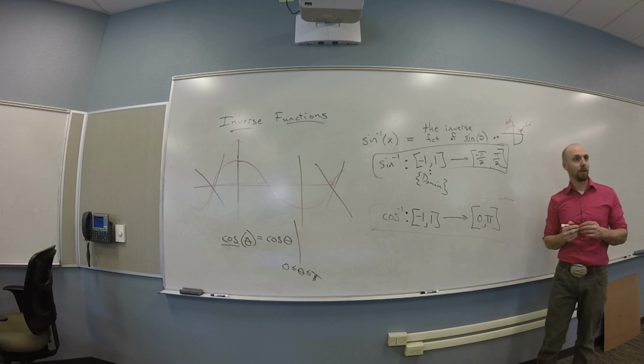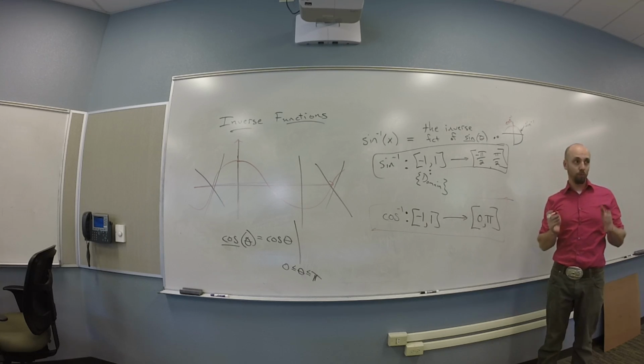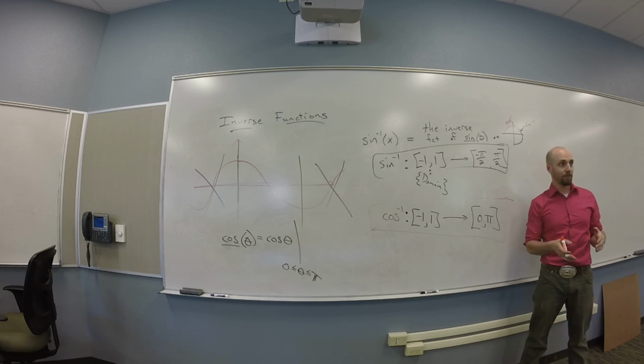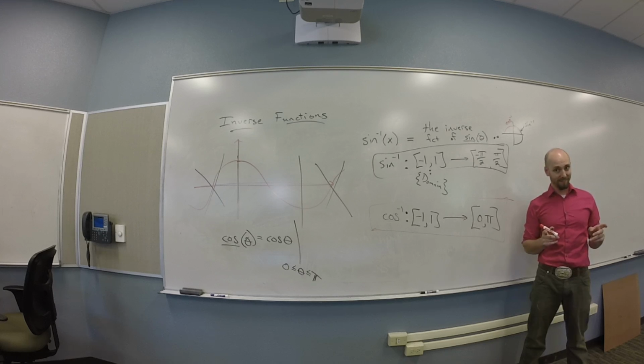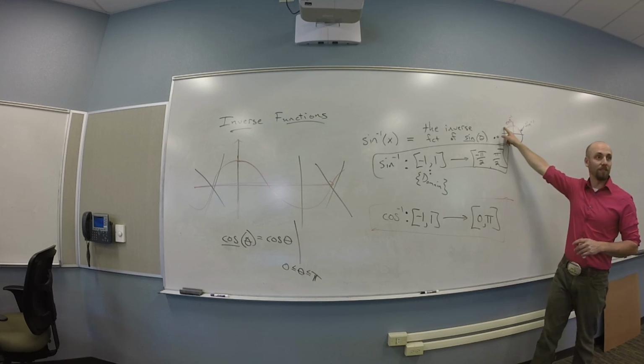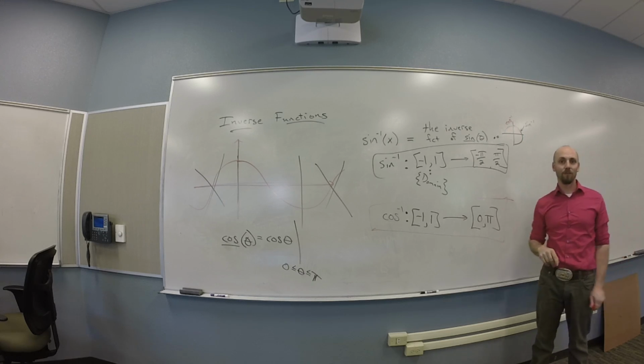You guys cool with that? That makes sense. So cosine inverse and sine inverse both work in quadrant 1. They'll both give you an answer if things are in quadrant 1, but they'll give you conflicting answers if things are in the 2 and 4 quadrants. You guys see that?